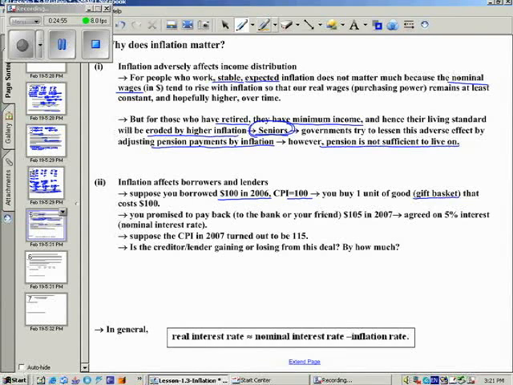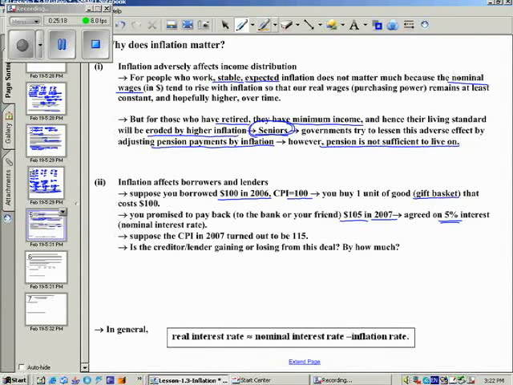You promise to pay back the friend or the bank a year later in 2007, and when you borrowed the money, you signed your name that you're going to pay back 5% in nominal interest. So I'm going to pay back $5 in interest payments. Is this a good deal or a bad deal?